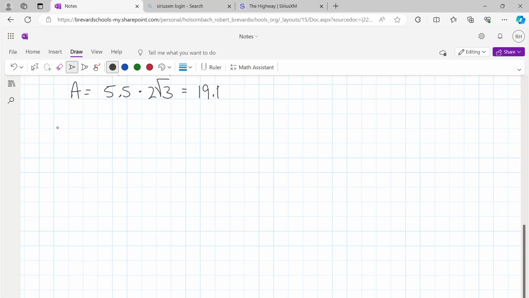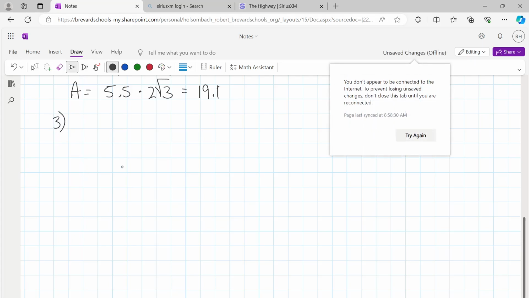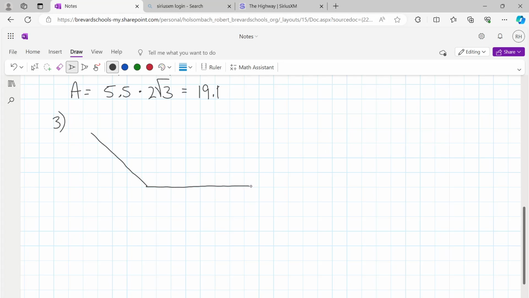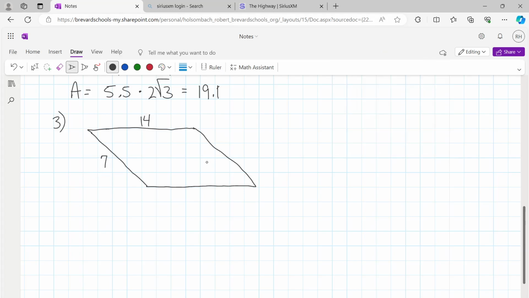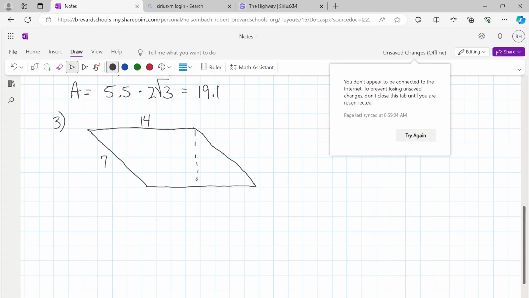Problem number 3. Another parallelogram. All right, our top is 14. Our left side is 7. And we have a 45-degree angle.